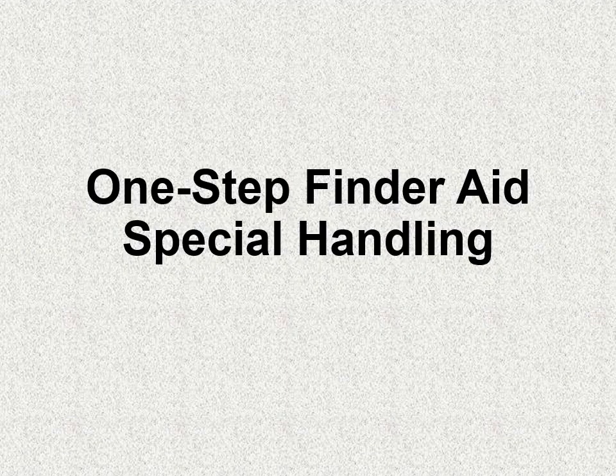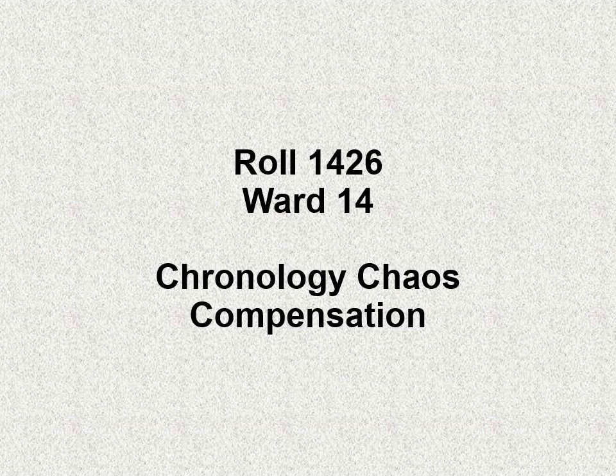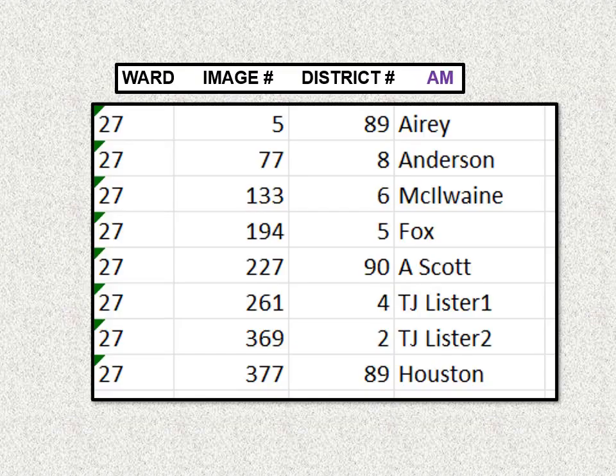Okay, let me tell you about some special handling that you should be aware of on the one-step finder aid. Roll 1426 encompasses Ward 14, and I call it chronology, chaos, compensation. So this is from part of my worksheets. Here's Ward 27.